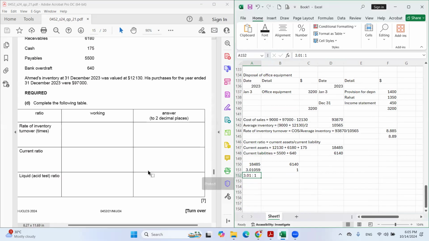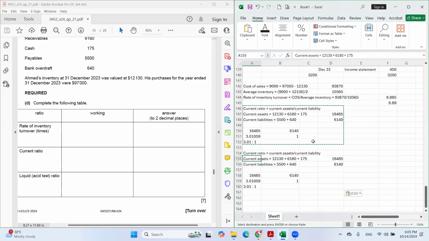Now, liquid ratio or acid test, okay? We have all these items, same concept, actually following the same concept. What we have is that only current asset, you don't take the closing inventory. Exclude the closing inventory. So what you have now is no closing inventory, this amount.